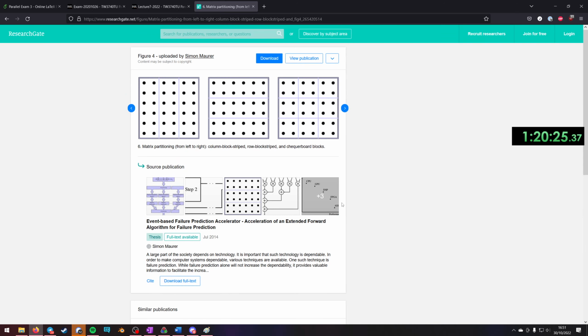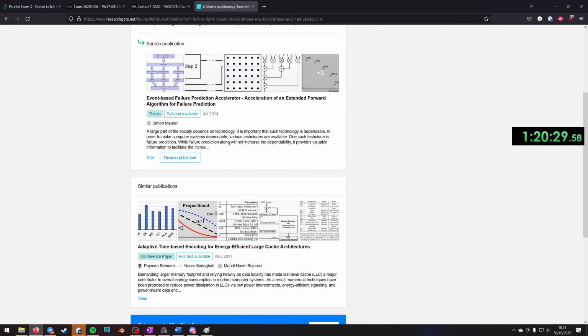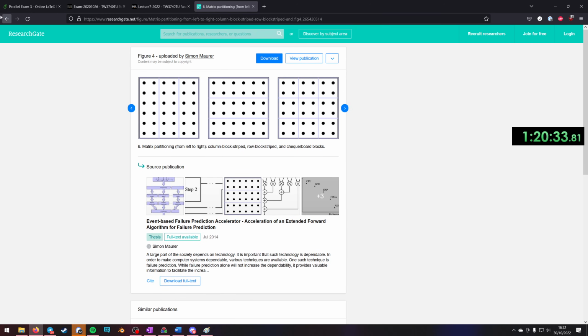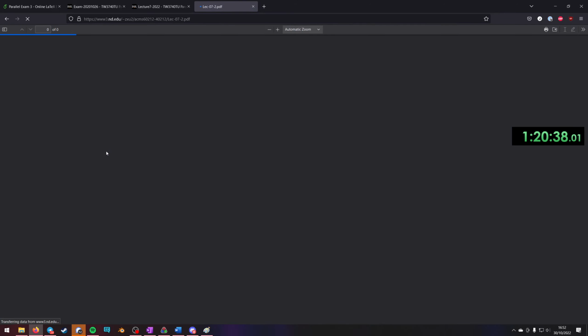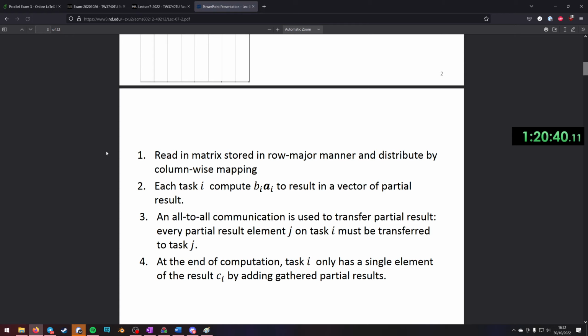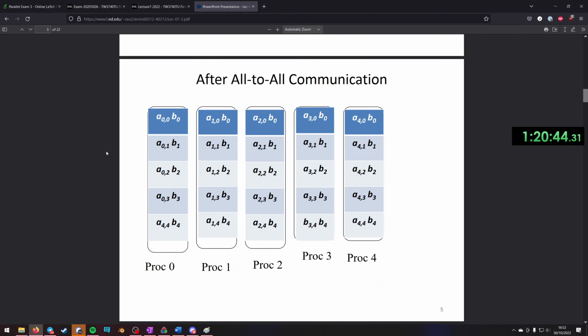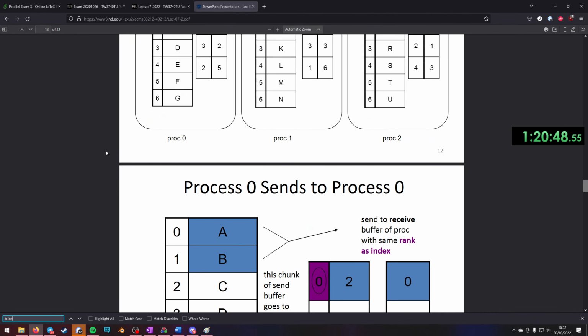Yeah, I agree. Okay, this is literally a figure. Control F, block.